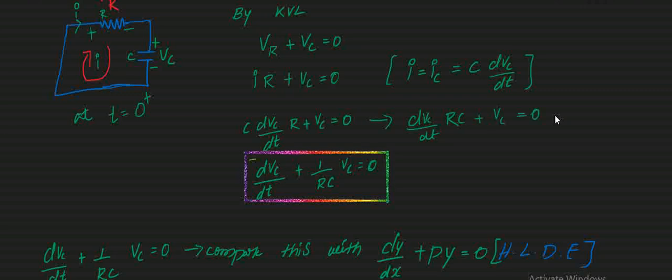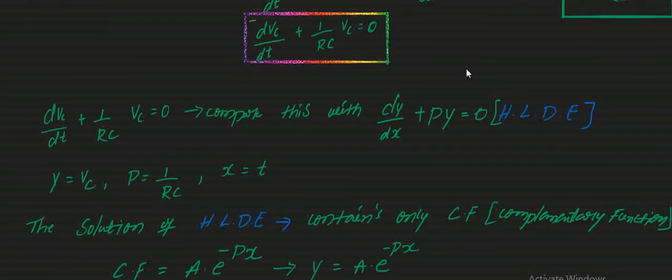If we divide by RC, we get dVc by dt plus 1 by RC into Vc equal to 0. So this is the equation we got: dVc by dt plus 1 by RC into Vc equal to 0.